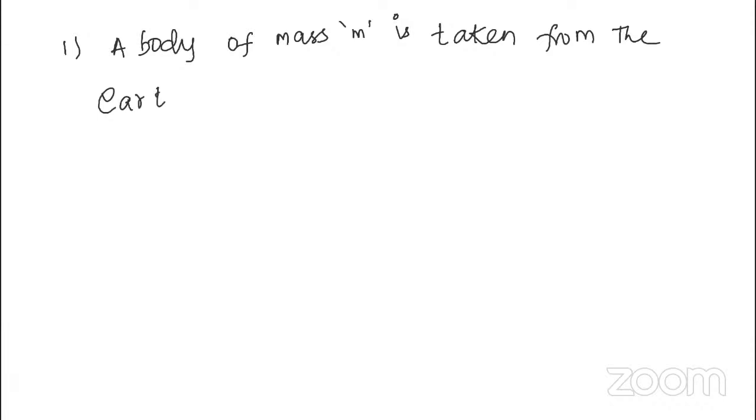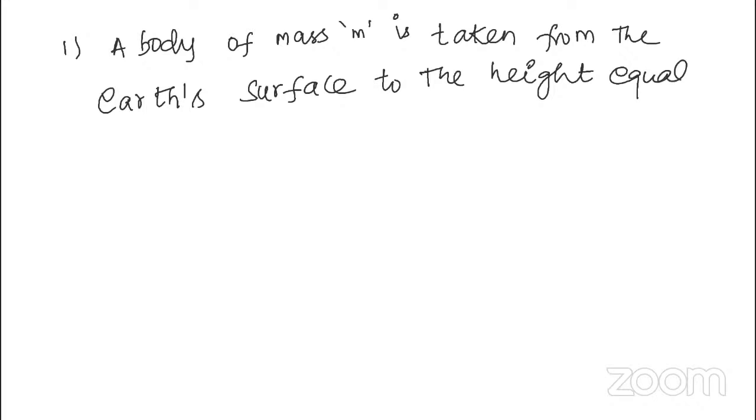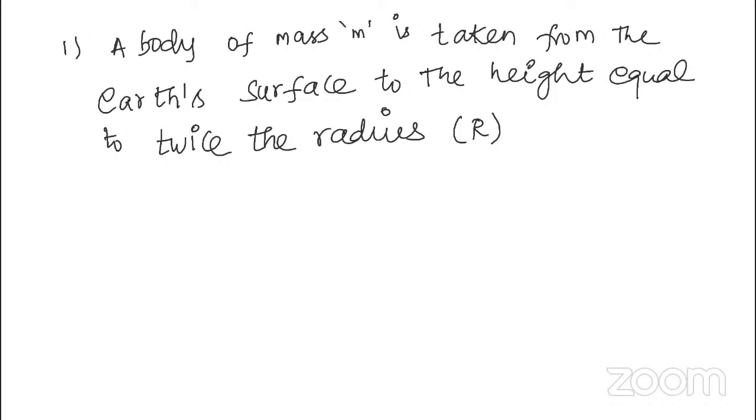A body of mass M is taken from the Earth's surface to a height equal to twice the radius of the Earth.